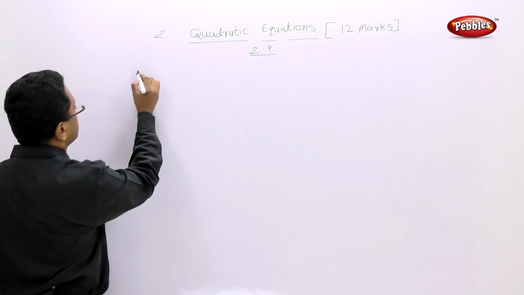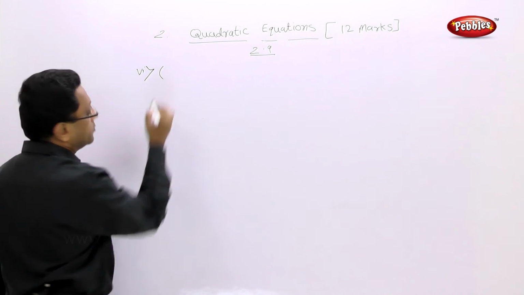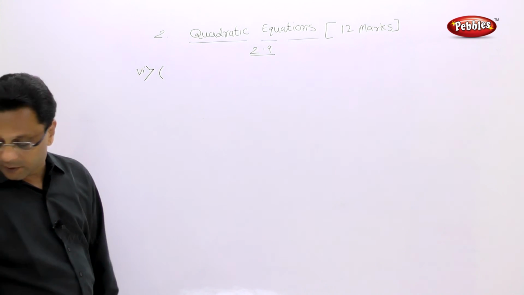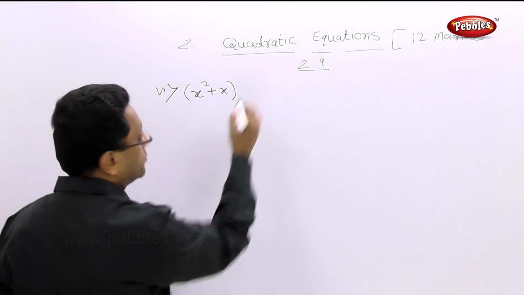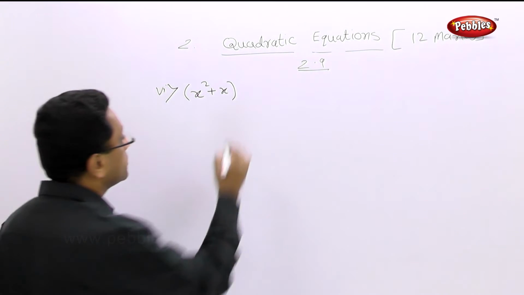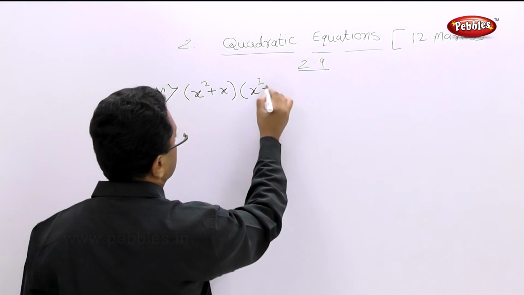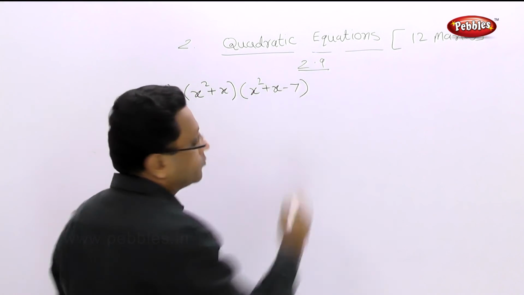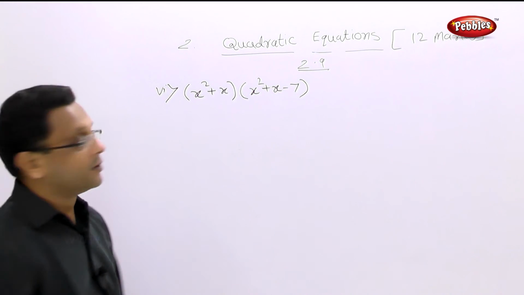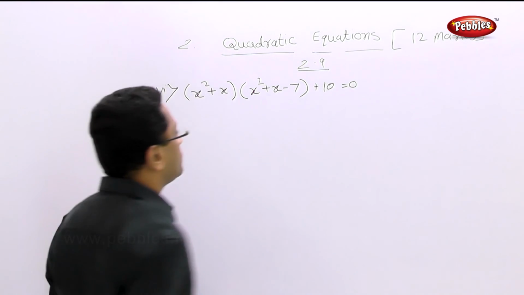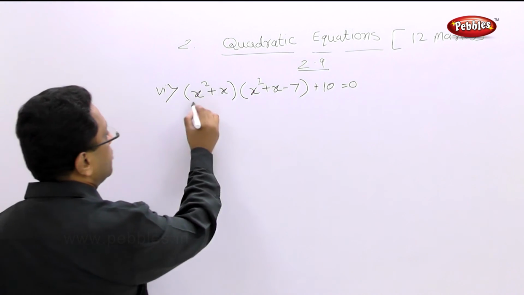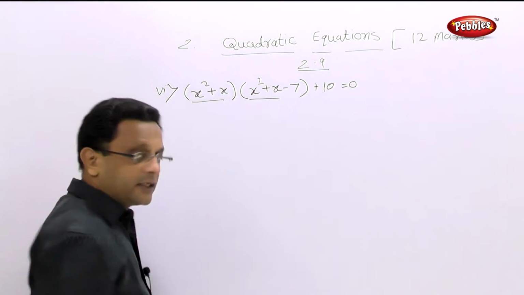6 is x square plus x, x square plus x minus 7 plus 10 equal to 0. Obviously, I am going to substitute for x square plus x.